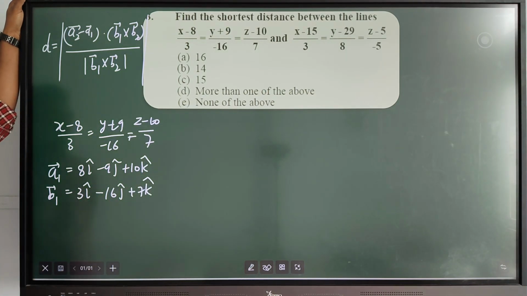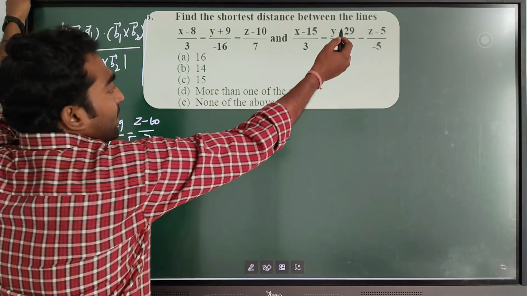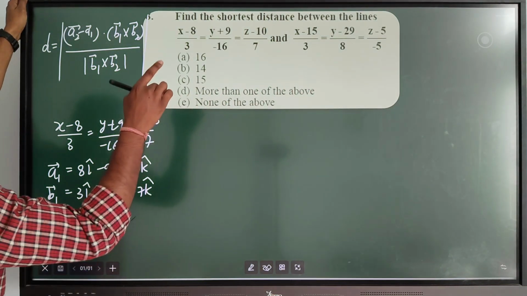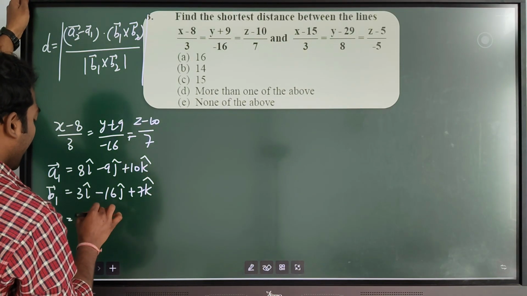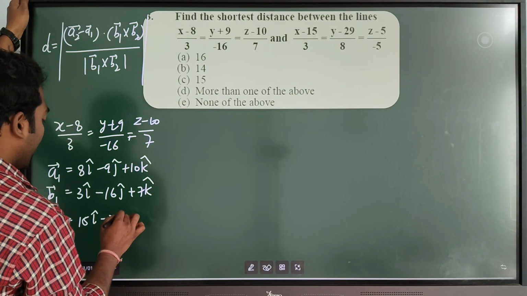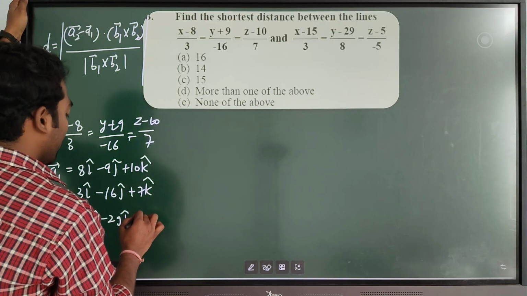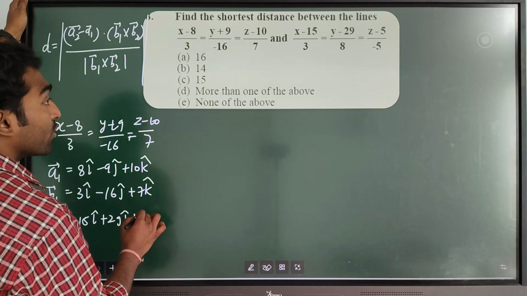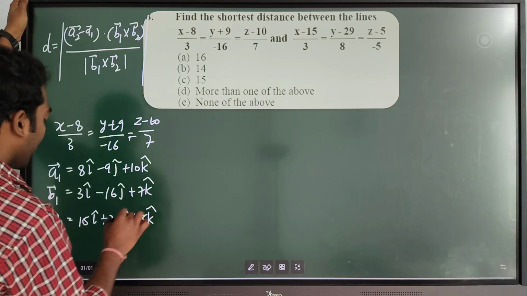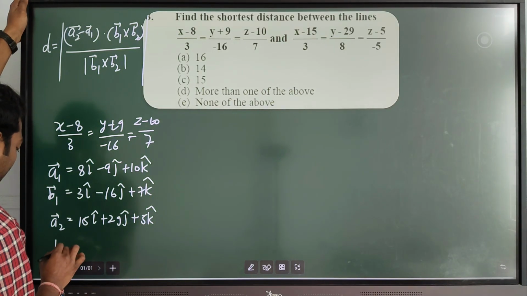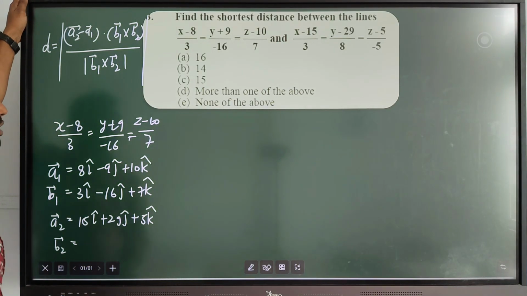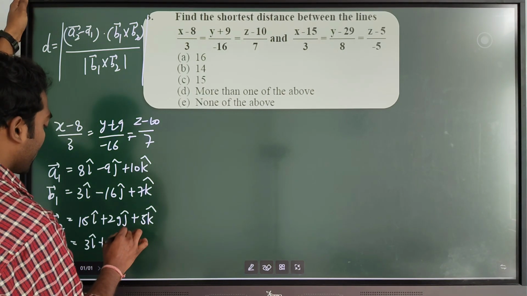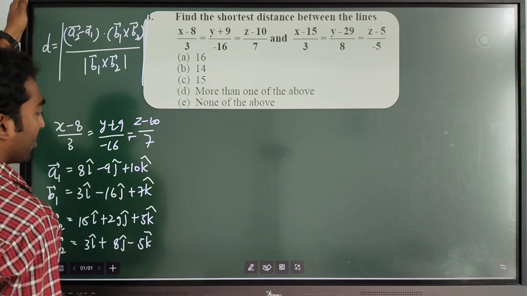Similarly, for the other straight line, vector A2 is 15i plus 29j plus 5k. Similarly, B2 is 3i plus 8j minus 5k.